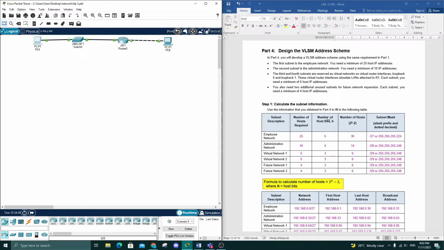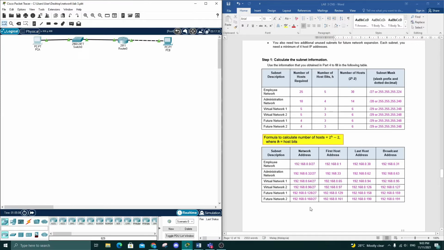After that, we get the number of host bits from this, and then we convert to 1111, and the rest of the 1s is the number of host bits. And then we use the formula to calculate the number of hosts, which is 2^h minus 2, and then we got 30. Okay, and we do that again for the rest.